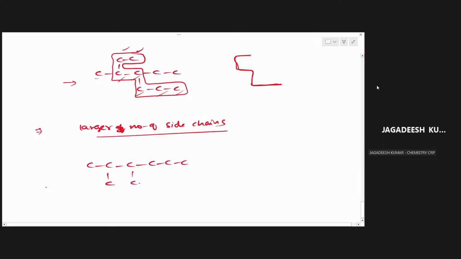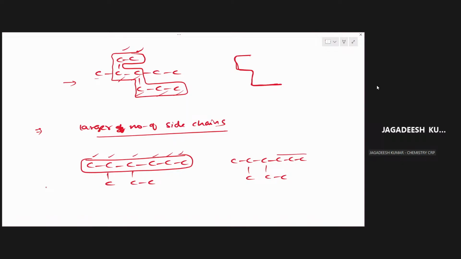For example, I'm drawing the same structure again. Why did I write this example? There is a possibility. The longest continuous carbon chain, if you take the straight chain, how many carbons? 1, 2, 3, 4, 5, 6. But even here we are getting 6 carbons, in another way.